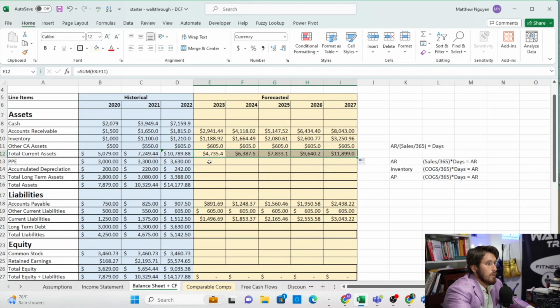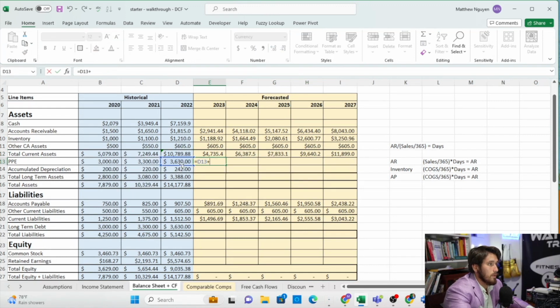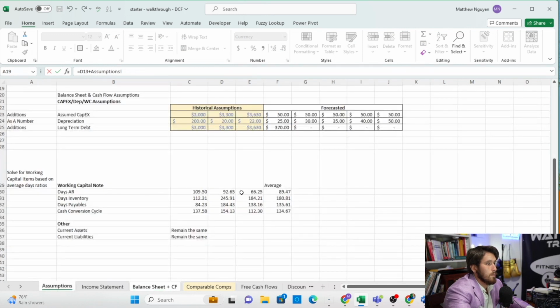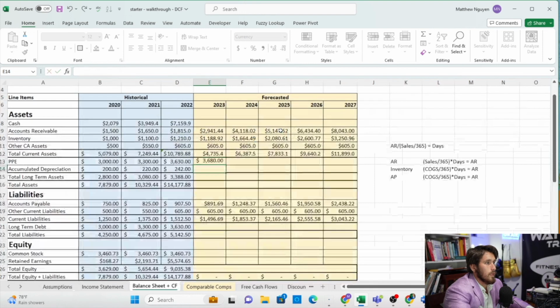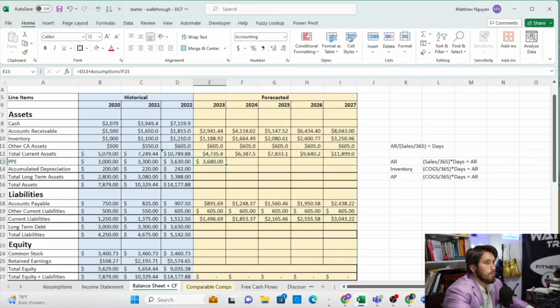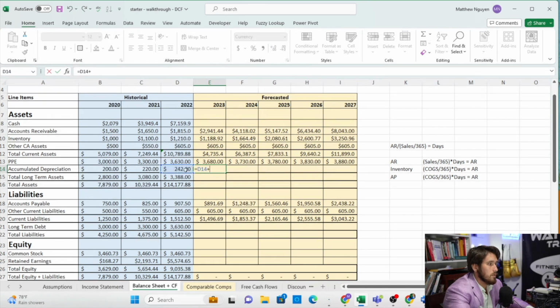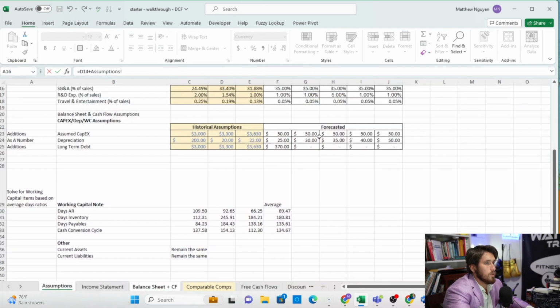All right, PPE, looks like we have additions on our assumptions. So let's just add this to our PPE assumptions. We're going to go up, or CapEx, same thing. We're assuming that CapEx is going to be the only additions they have. And we know that our accumulated depreciation is just going to be this plus the depreciation assumptions.